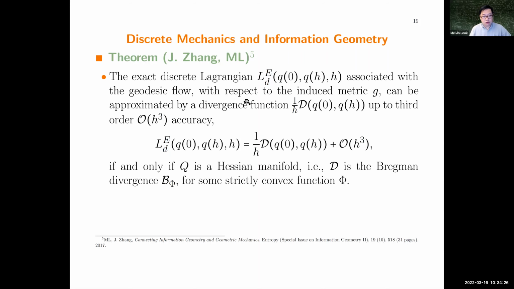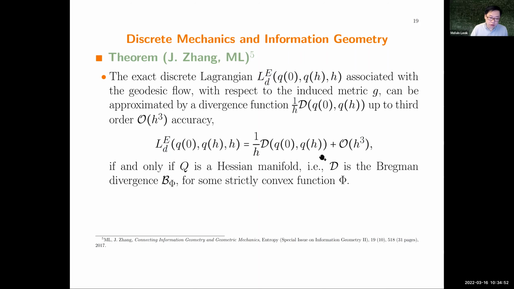The upshot of this theorem is the following. If you take the divergence function and you scale it by 1 over h, where h is then interpreted as a time step, then that object is going to generate a map which is a good approximation of the time h flow of the geodesic equations.